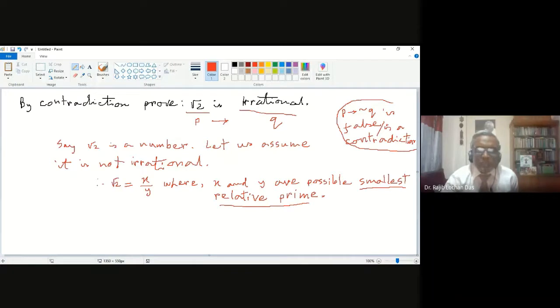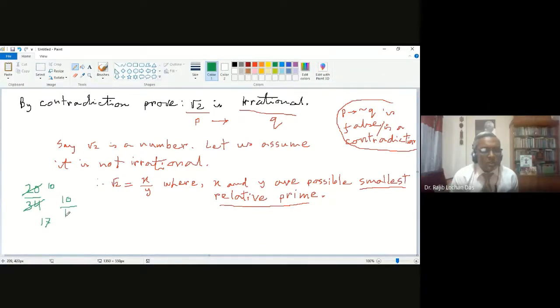Let me give you an example. Say one number is 20, another number is 34. You can just cancel by 2, so 20 becomes 10, and 34 becomes 17. So now it is 10, 17.